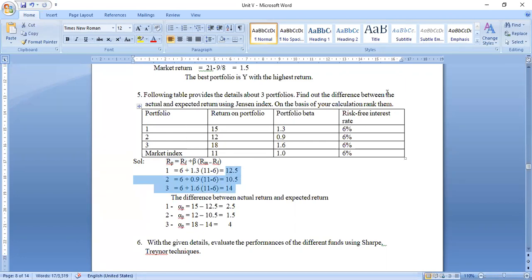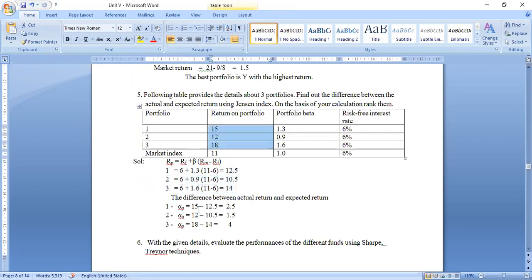Now we are asked to calculate the difference from the actual. These are the actual returns on the portfolios, that is 15, 12 and 18. So we have to find the Jensen alpha, which will give us a difference: actual minus expected. These are the values for expected: 12.5, 10.5 and 14, and these are the actuals.